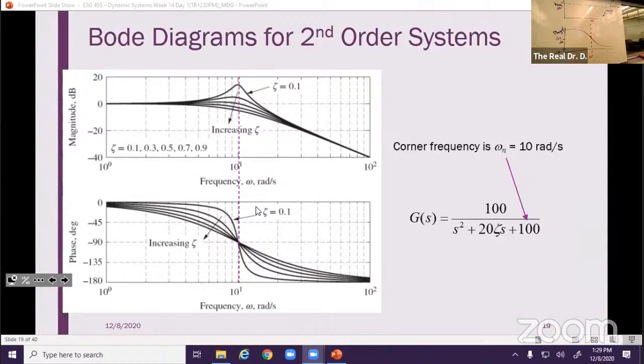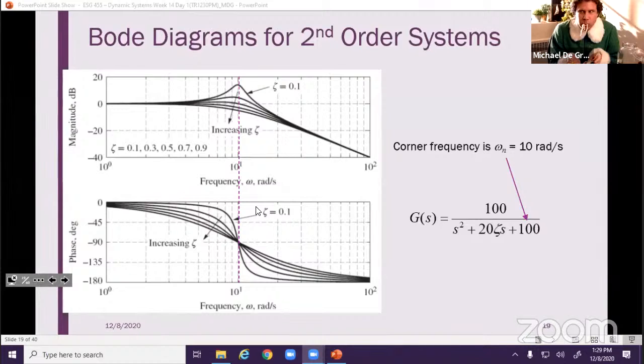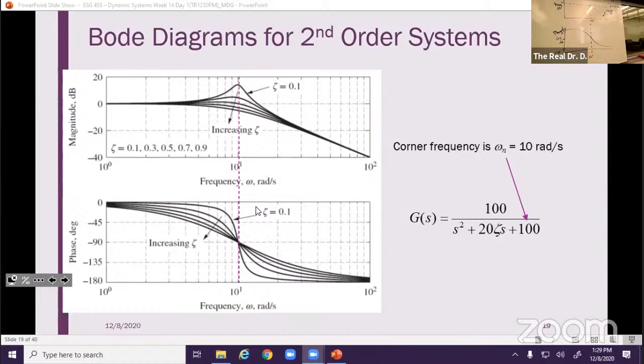Whereas in all the other cases, this is a much smoother decline, but you lose more phase early. So whether or not time lag is important depends on whether you want high or low damping. The lower your damping ratio, the less lag you're going to have in your system at lower frequencies.